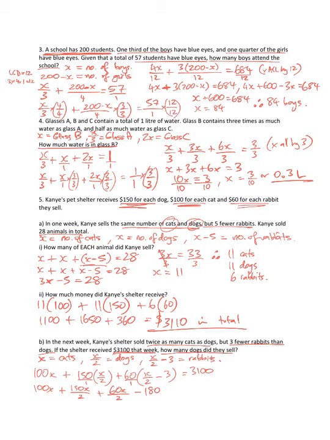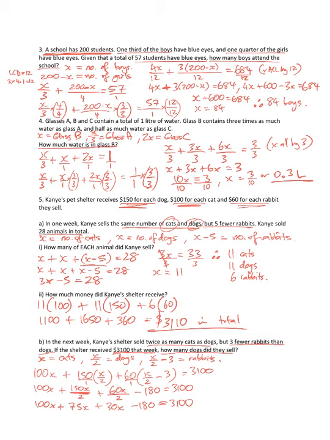Lucky for us, these are all divisible by 2. 100x's plus, what's 150x's divided by 2? That's 75x's plus, what's 60x's divided by 2? 30x's. Take 180, and I forgot to write is equal to 3100 here, is equal to 3100.